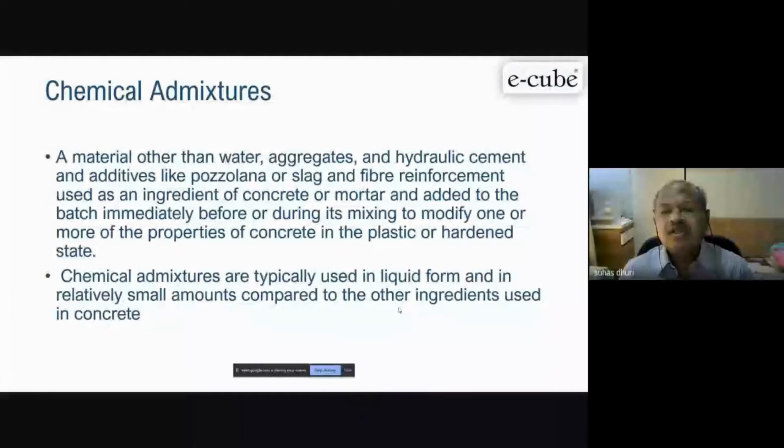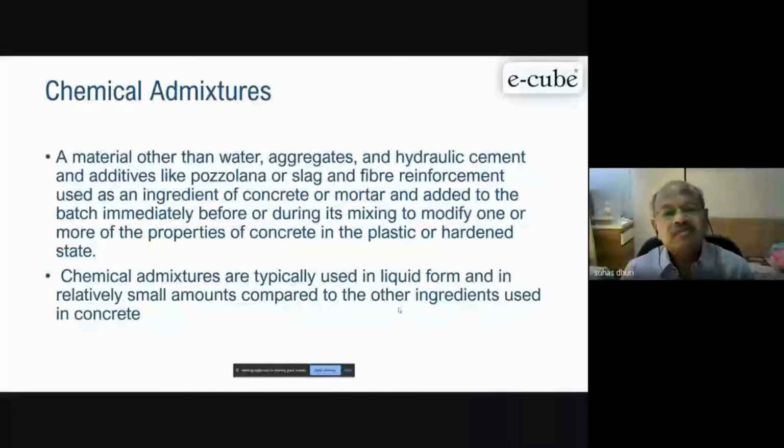Now some admixtures are also available in powder form. Ready mix mortars or ready mix plasters also have certain amounts of admixtures in dry form.